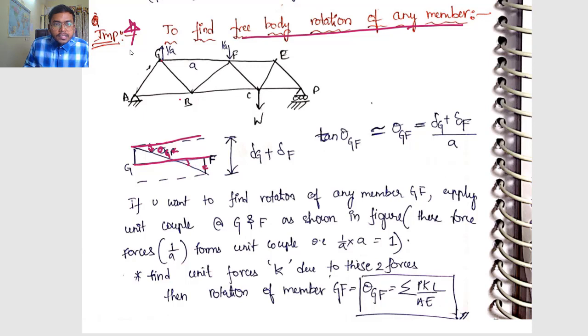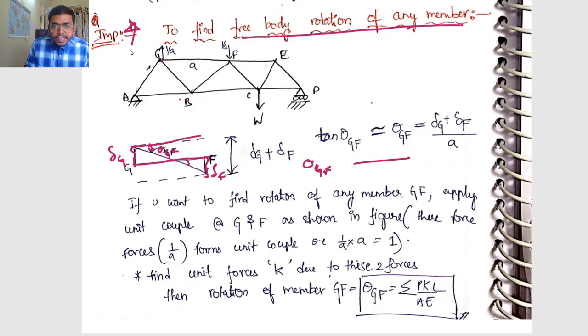If it has been rotated, that means this body has been lifted up and there has been some deflection. This F point has gone down, so there has been some deflection in the opposite direction. This is my delta G and this is my delta F, the deflection at point G and the deflection at point F.